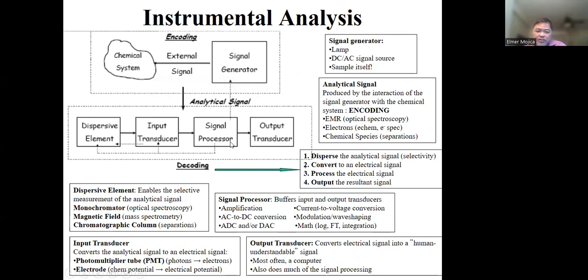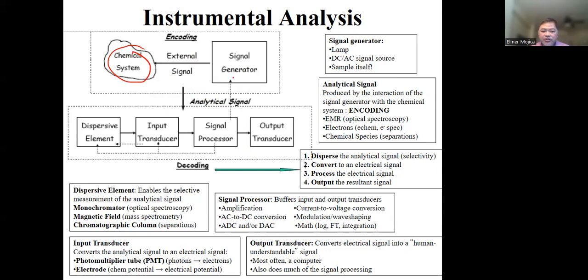So if you're going to look at this instrumental analysis, you have a chemical system. You encode it, and in that encoding, you can put out some sort of an analytical signal, maybe in the form of an external signal, and then a signal generator.